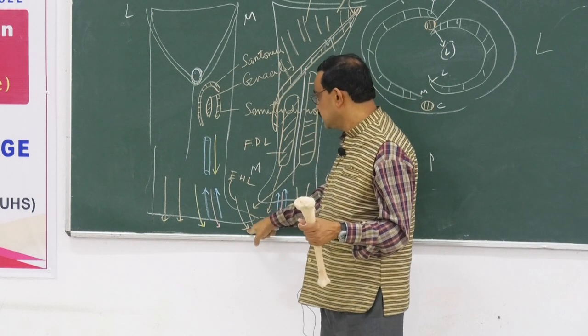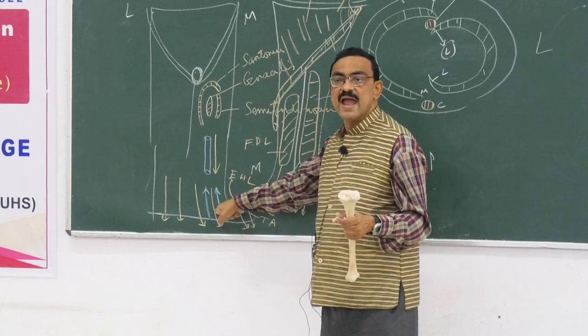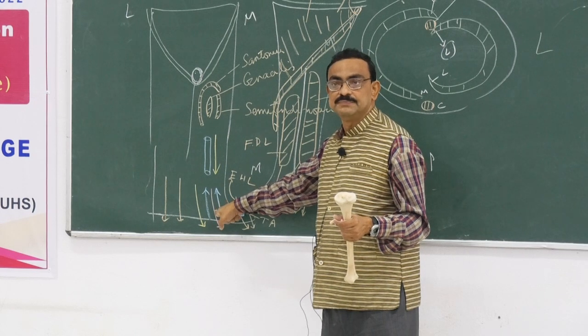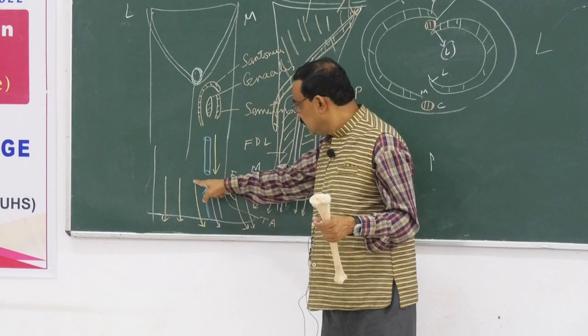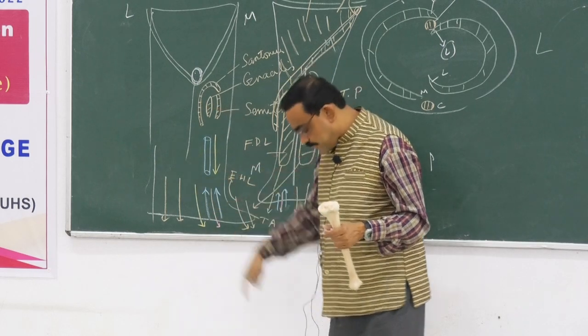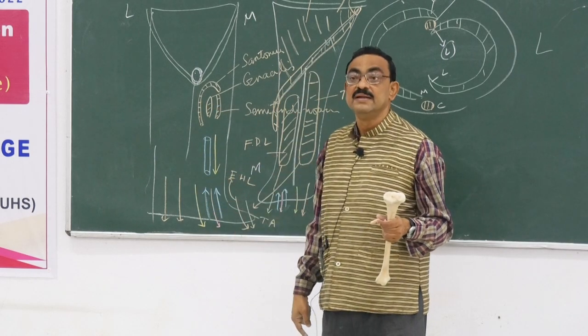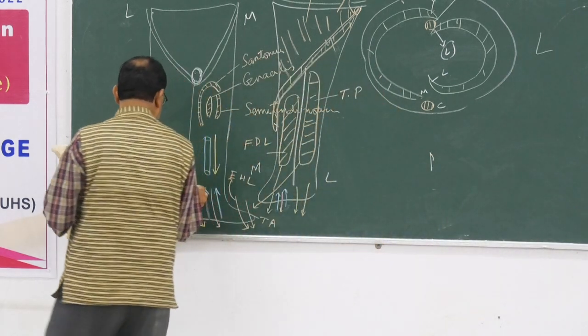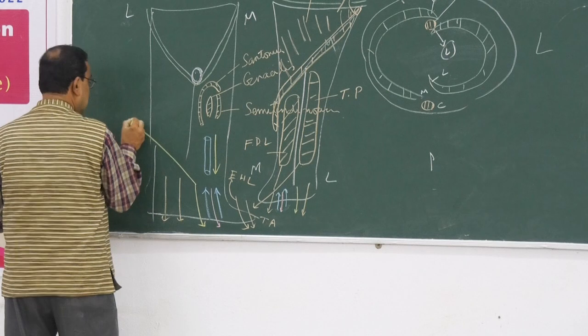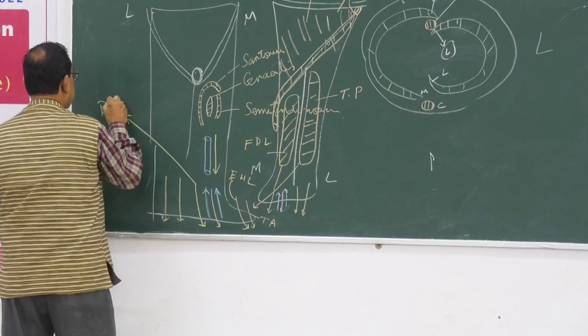This is the artery, anterior tibial artery, along with venae comitantes. The nerve of the anterior aspect of the leg is the deep peroneal nerve.